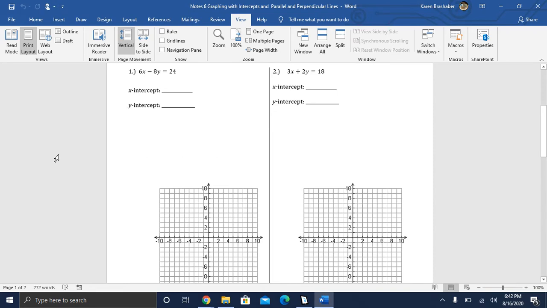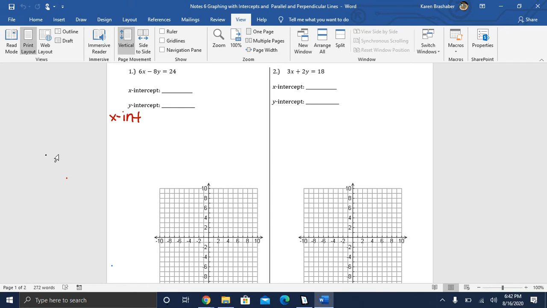And so I'll start with 6x minus 8y equals 24, and I'll be working on the x-intercept first. I'm just going to abbreviate like this.